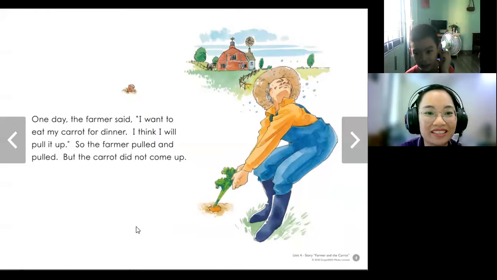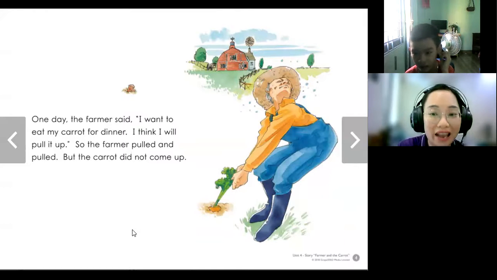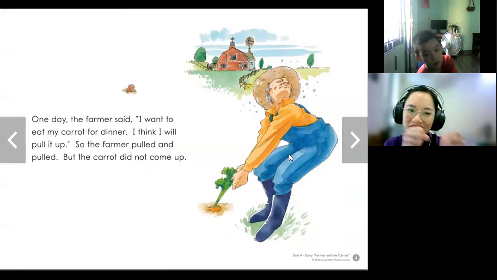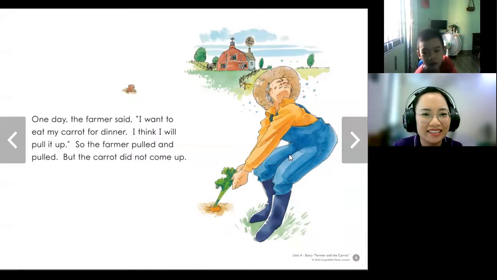Yes. Yes, right. So he wanted to eat the carrot for dinner. So what did he do? What did the farmer do? Pull and pull. Yes. And did the carrot come up? No, the carrot cannot come up.